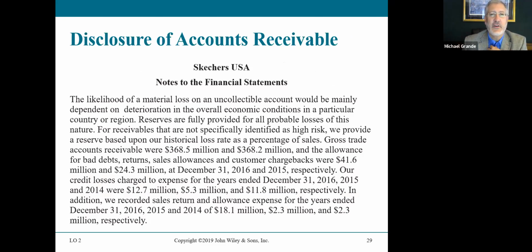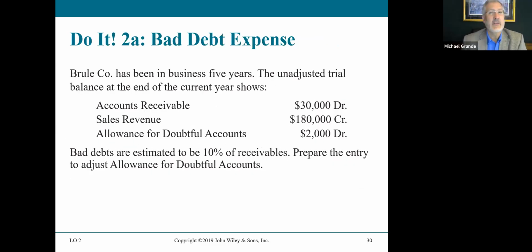Here's another footnote that could show up with regard to the possibility of uncollectible receivables. Again, feel free to read it. Another example. Brule Company has been in business for 5 years. The unadjusted trial balance at the end of the current year shows the following. Accounts receivable, $30,000 debit.